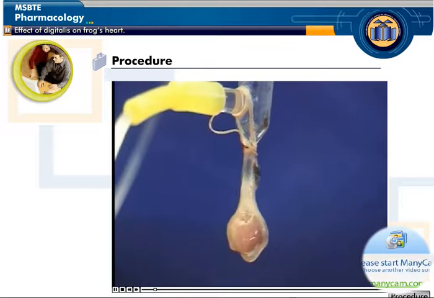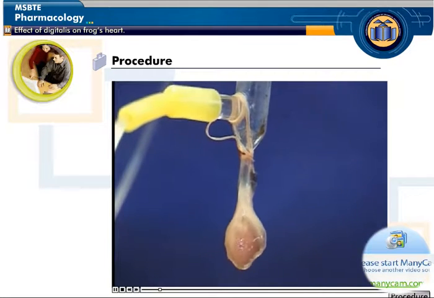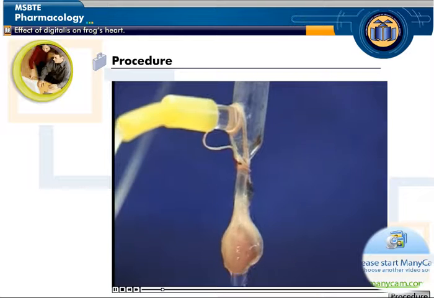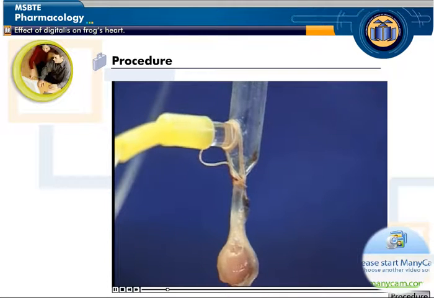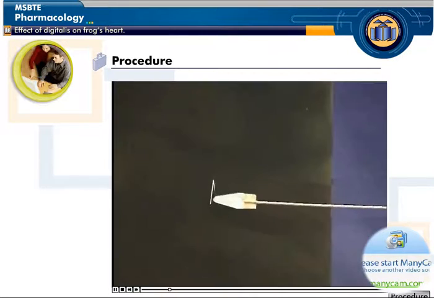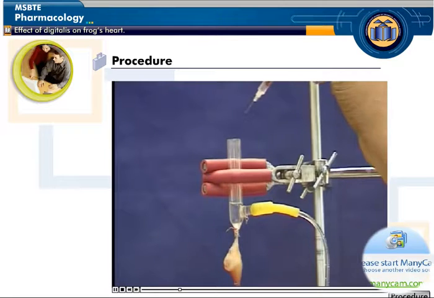To study the effect of Digitalis on frog's heart, perfuse the heart with normal frog Ringer solution. Start the drum and observe normal recordings of heart on smoked paper for 1 minute.